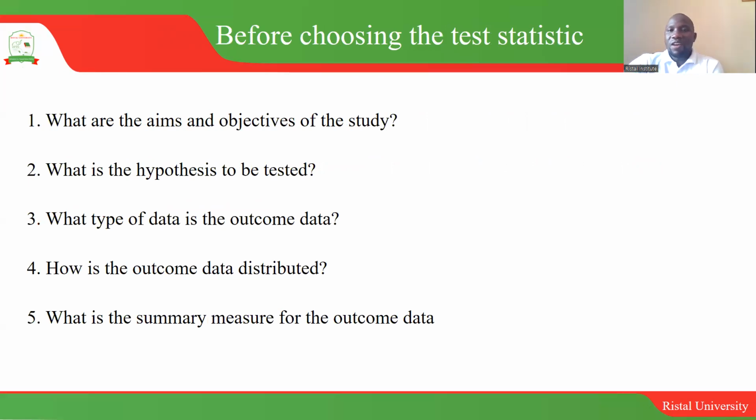Since we have very many statistical tests, it is very important you know which one to use. The decision to choose which one depends on many factors. One, the objectives of the study, the hypothesis, the type of the data that you have, the health outcome that you're actually investigating, and the nature of its distribution.